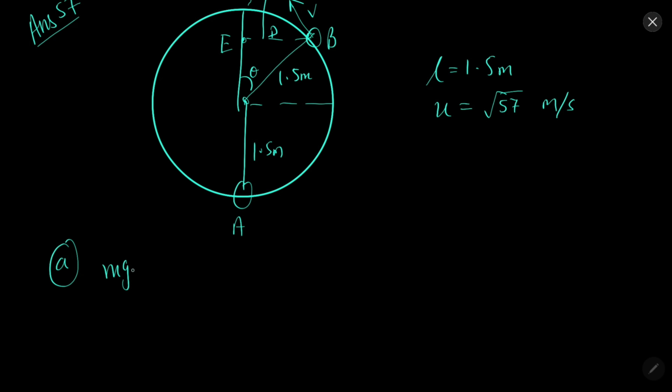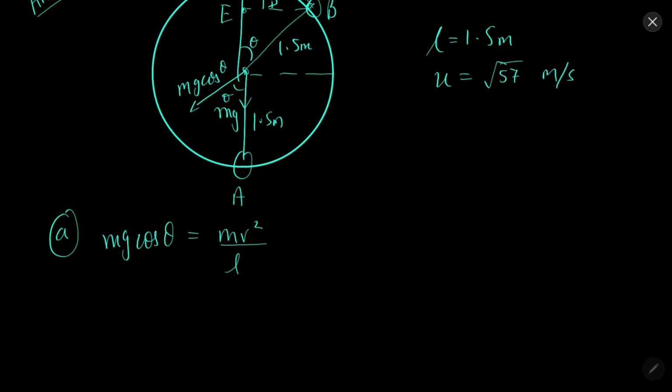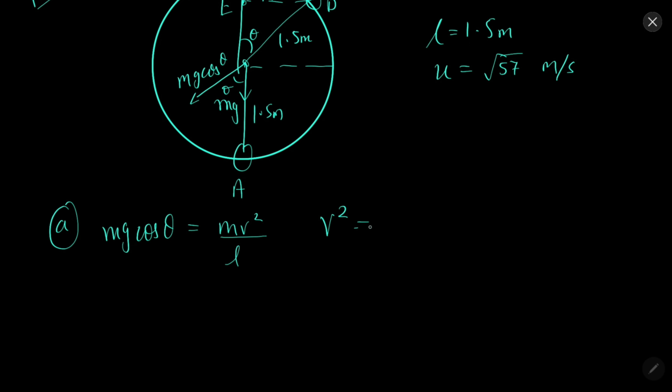First part: mg cos theta equals mv square over L. Okay, because this is mg, this will be mg cos theta. So now v square will be Lg cos theta. Change in kinetic energy is equal to work done, the work energy theorem.